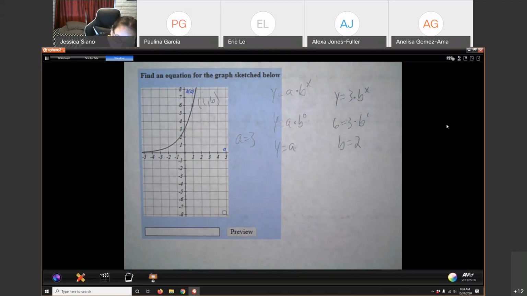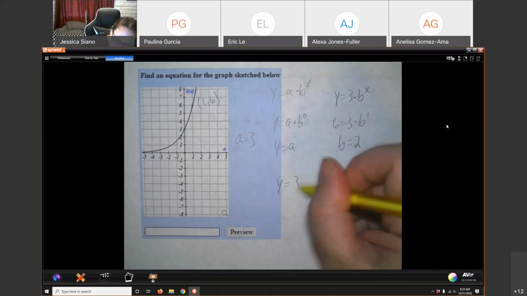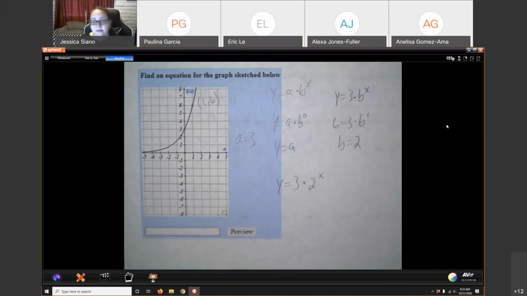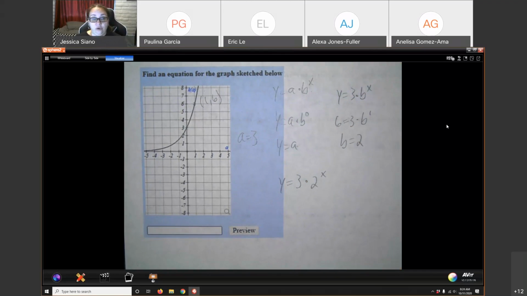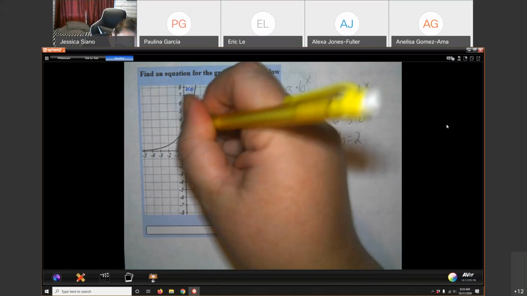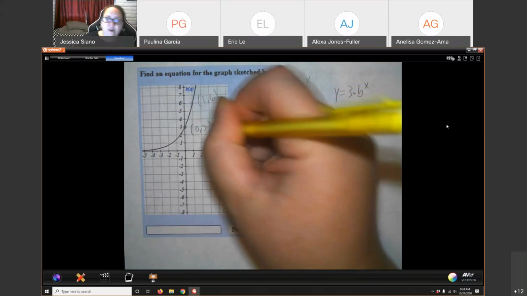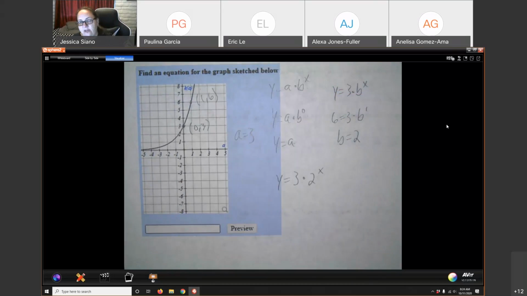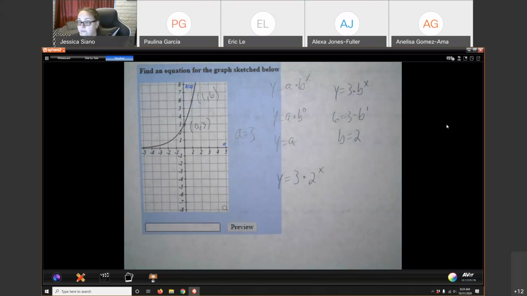So then my equation is y equals 3 times 2 to the x. Now, you could have absolutely taken these 2 points and put them in your calculator the same way that we did for the other ones. And you would have gotten this. Okay, so that's always an option.